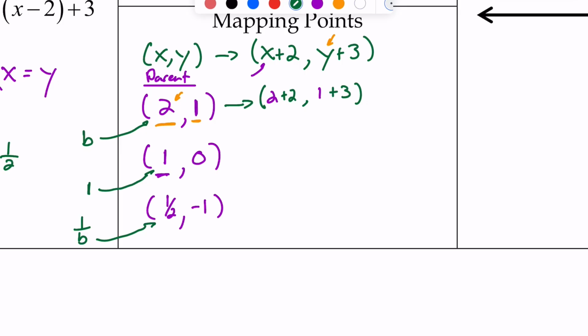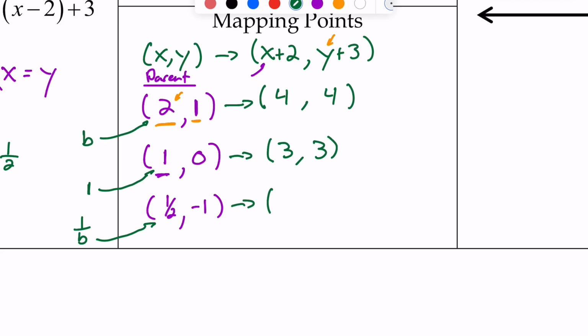So 2 plus 2 is 4, and 1 plus 3 is 4 as well. So the coordinate 2, 1 gets transformed into 4, 4. Okay? Your next one, when you substitute 1 in, you're going to get 3. When you substitute 0 in, you get 3 as well.